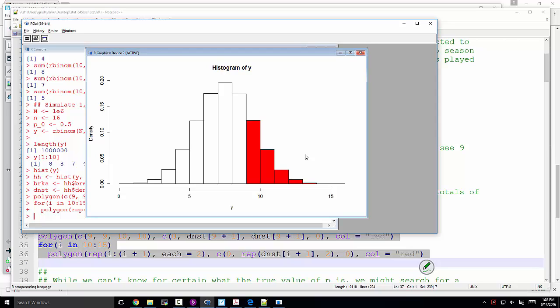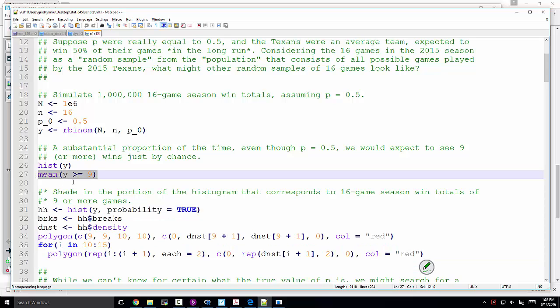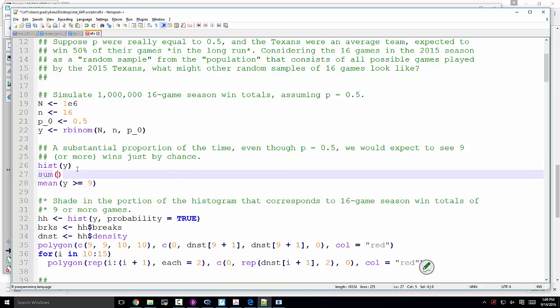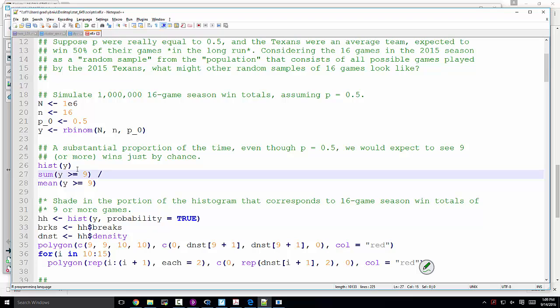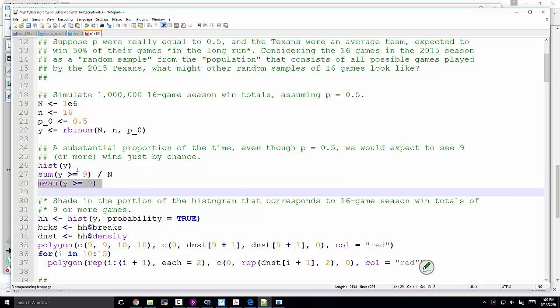All right. So in this case right here, we have a lot of red on this picture. In fact, if I were to compute the proportion, let me write this differently first. If we were to add up how many of those 1 million simulations were bigger than or equal to 9 and divide by how many simulations I did, that's the same thing as computing the mean of y greater than or equal to 9.